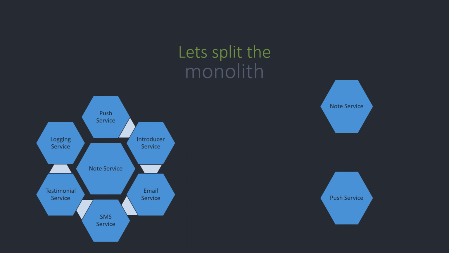But there's other things that need to be done. Like, for instance, logging. We want to maybe send a testimonial or send an SMS out, send emails. We may even want to call third-party introducers or brokers or clients to let them know that particular action has occurred within the CRM. These things now can start to be split and taken out of the monolithic application.